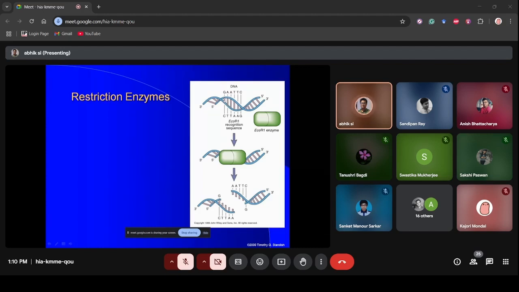So this sequence, G A A T T C, is just a six nucleotide base sequence written here, but in each cell of your body there are some 10 to the power 9 nucleotides in a long chain.